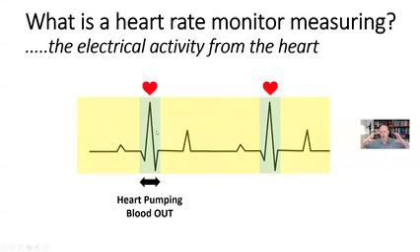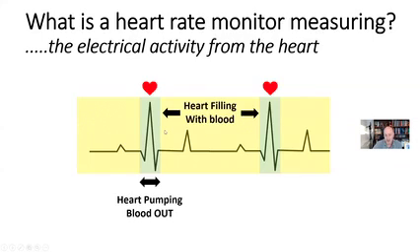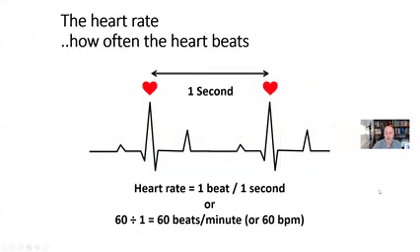The ventricles, the big chambers at the bottom of the heart, are contracting and squeezing blood, and blood from the right side is going to the lung, and then it's going to come back into the left side, and then it's going to go out round the body through the aorta. And then this is the period when the heart is filling with blood. So the period of contraction is actually pretty short, except of course if the heart is beating really fast during exercise.